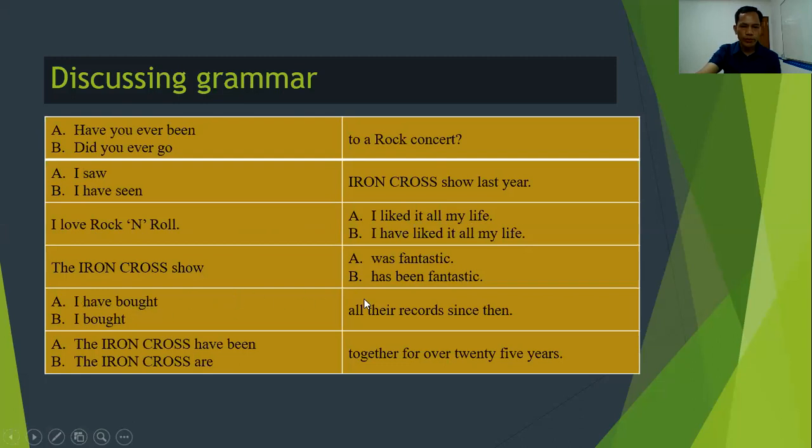I have bought all their records since then. Or I bought all their records since then. And the last one is, the Iron Cross have been together for over 25 years. Or the Iron Cross are together for over 25 years. Which one is correct?